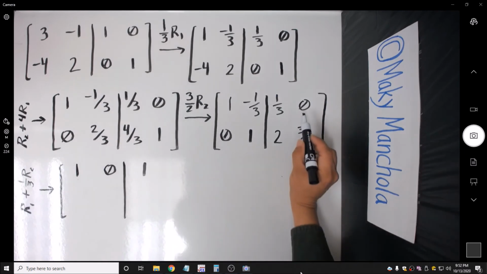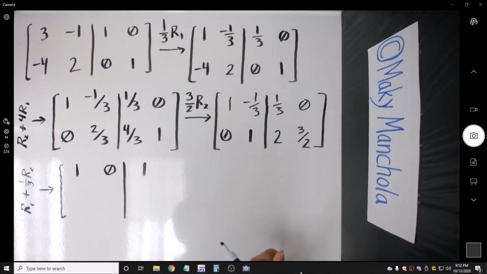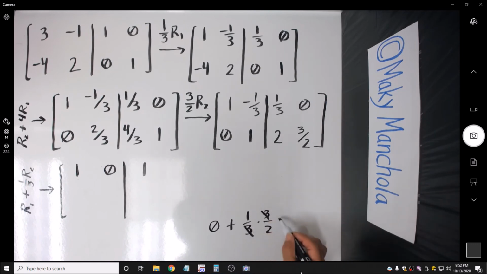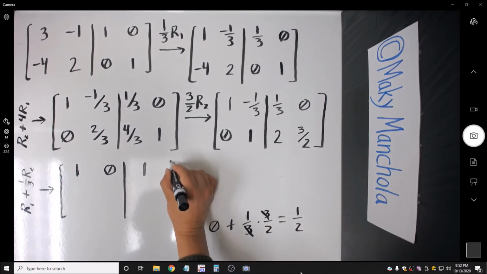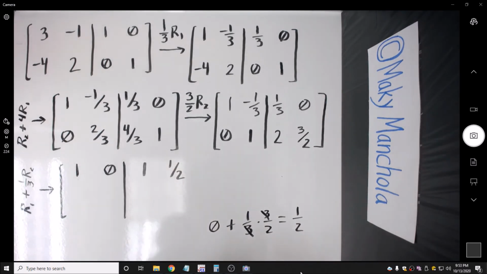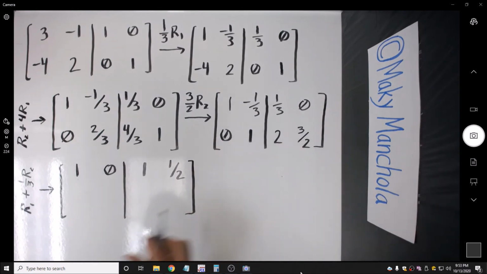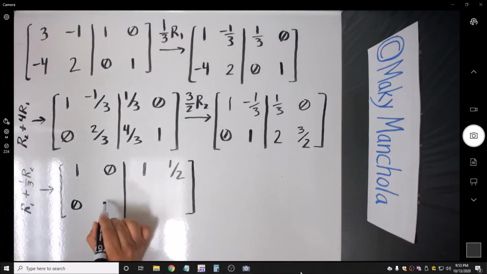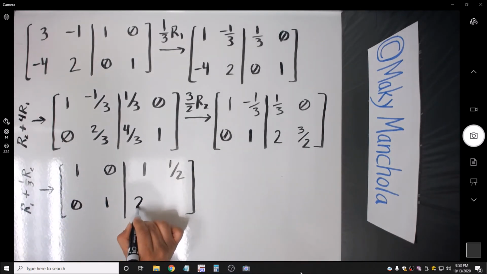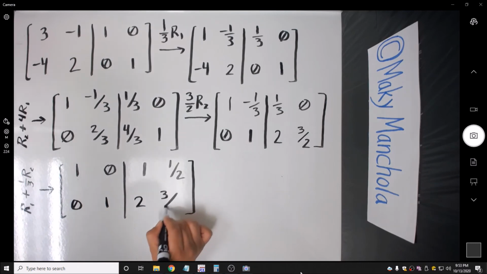Now I want 0 plus 1/3 times 3/2. Notice the 3's cancel, and we end up with 1/2. Everything else remains unchanged. So our second row remains 0, 1, 2, and 3 over 2.